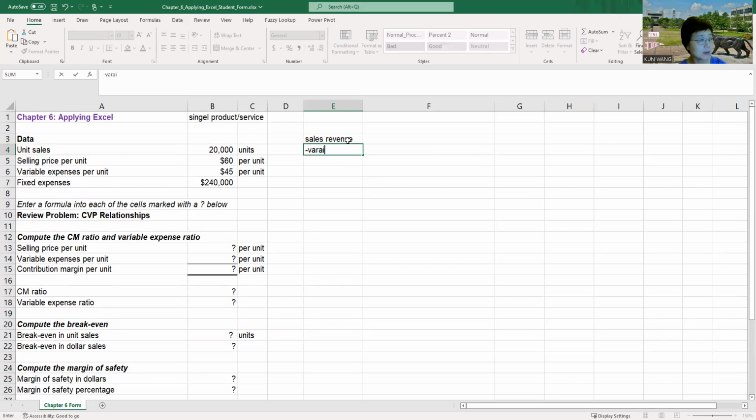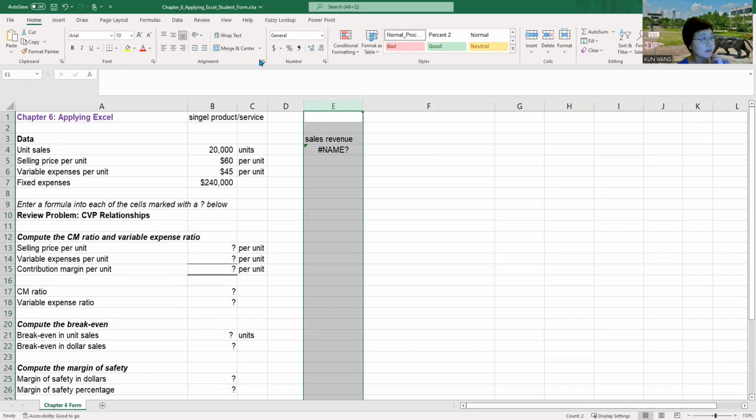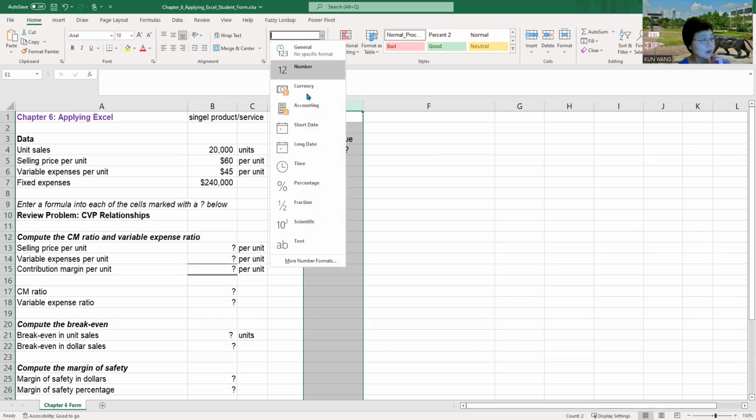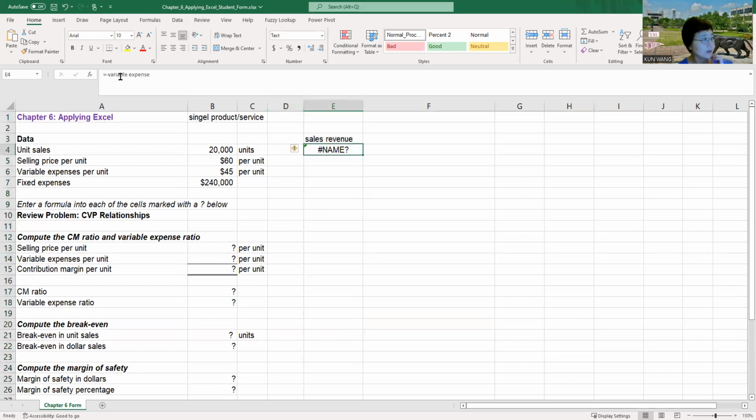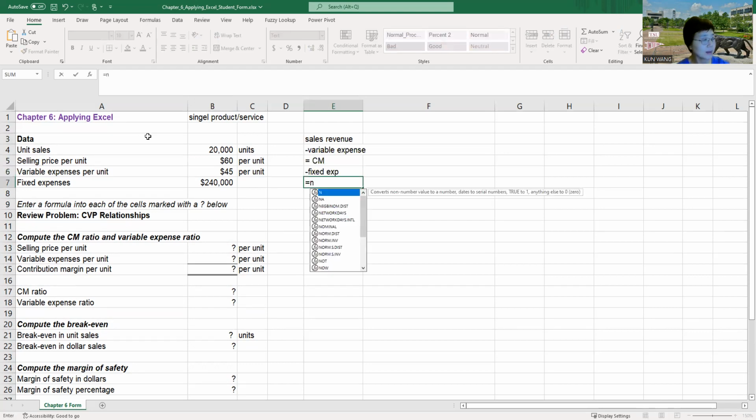Oh, I maybe have a typo here. Yeah, change this to text. That's your CM and minus expense, then net operating income.